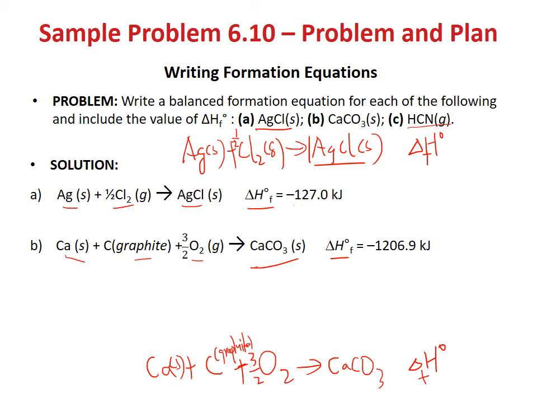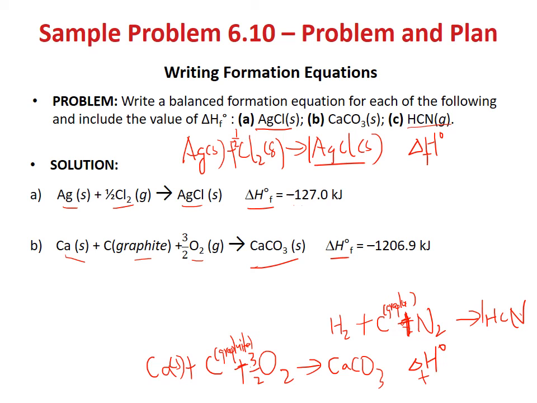Okay, next one, hydrogen cyanide. This refers to the reaction from the elements, which has hydrogen, carbon, and nitrogen. The most stable form, nitrogen, is N2, carbon is graphite. You add all together, and you need to balance to make sure the product is 1 mole.